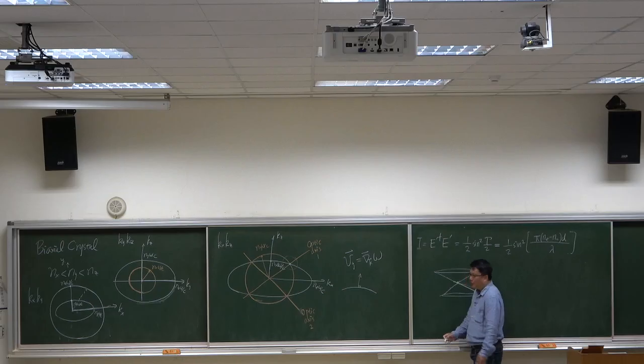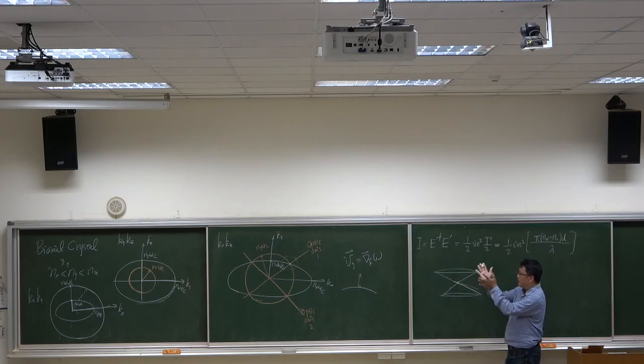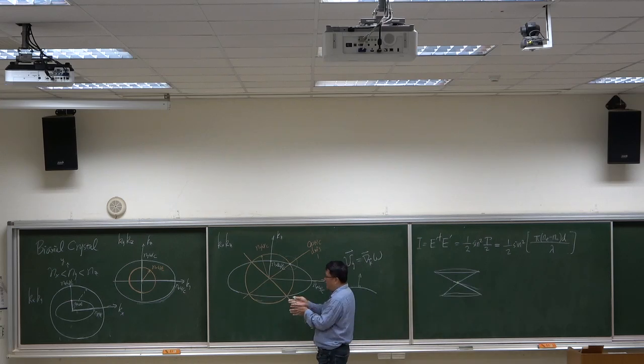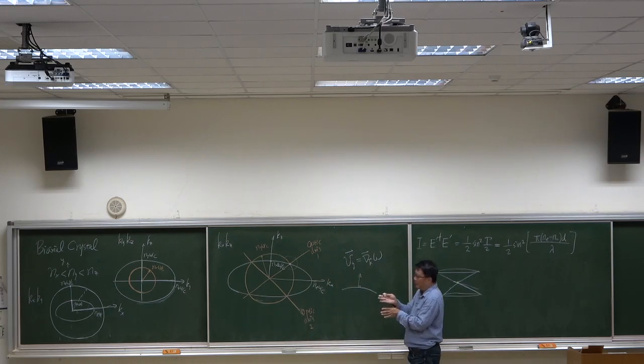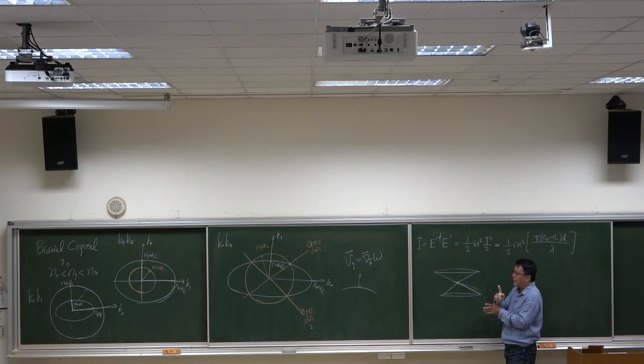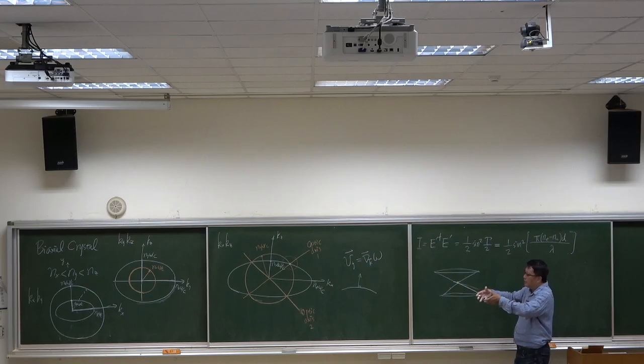In reality, when we send a beam of light into the crystal, a beam of light is not an exact plane wave. So in fact, it includes not only one K vector, but a small range of the K vector close to some central K vector.